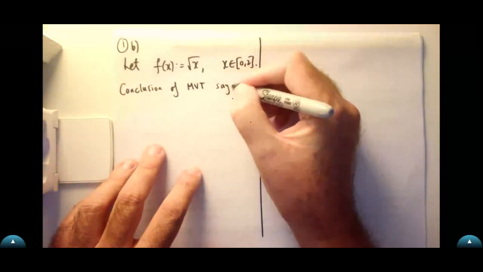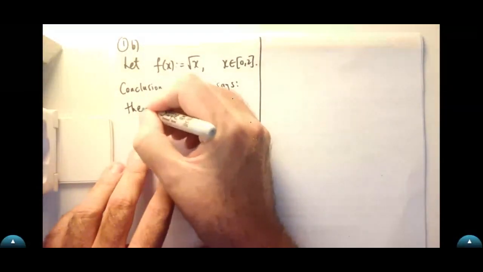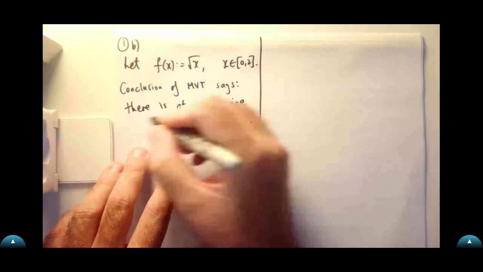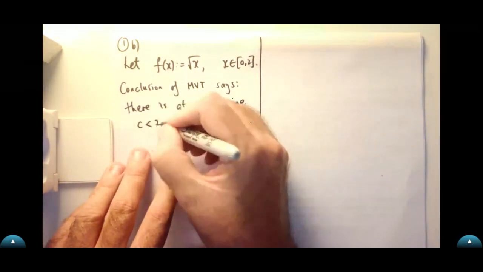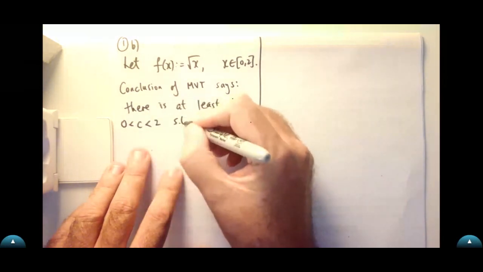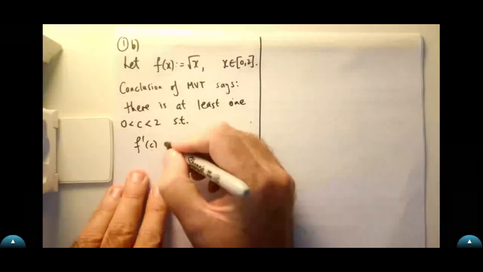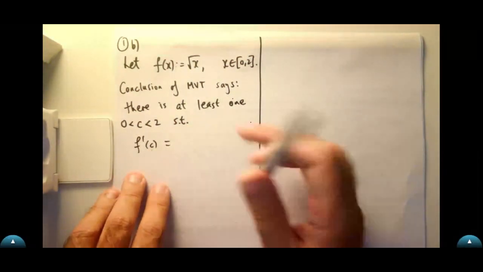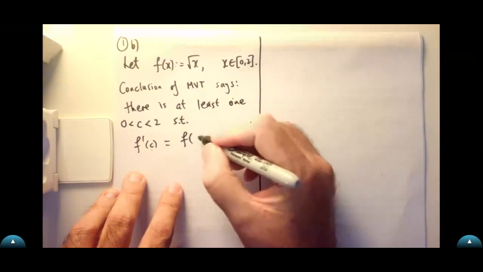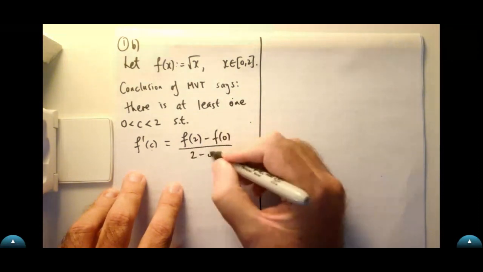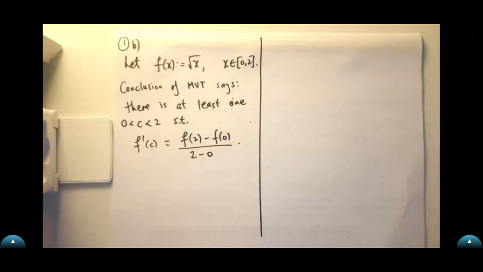It says there is at least one point C, which is strictly between 2 and 0, such that, ST stands for such that, the derivative, or the slope of the tangent line, is equal to this slope or gradient. So let's work these things out and find a value of C.